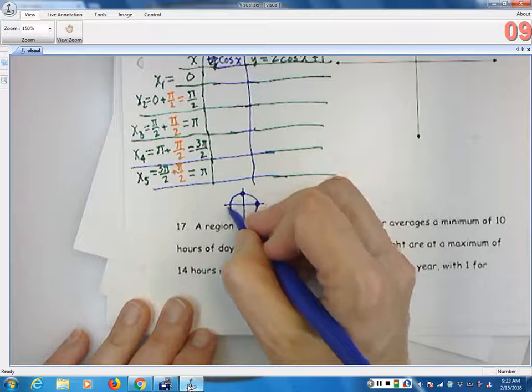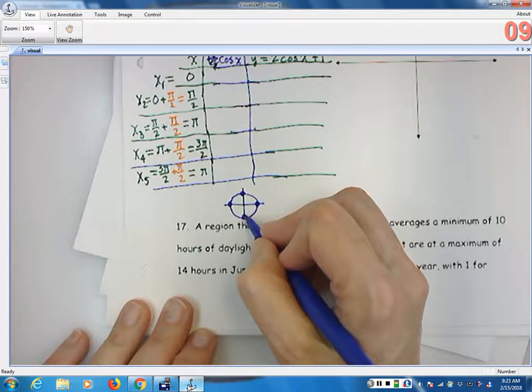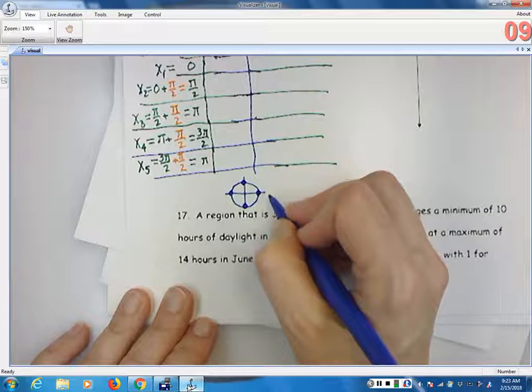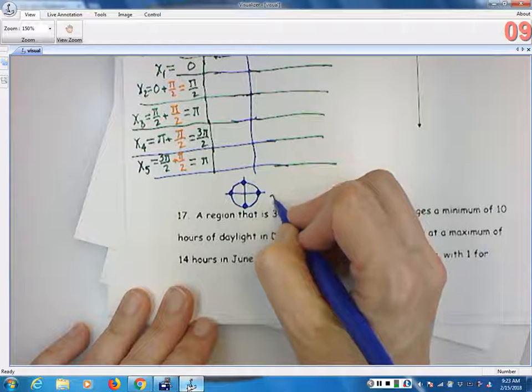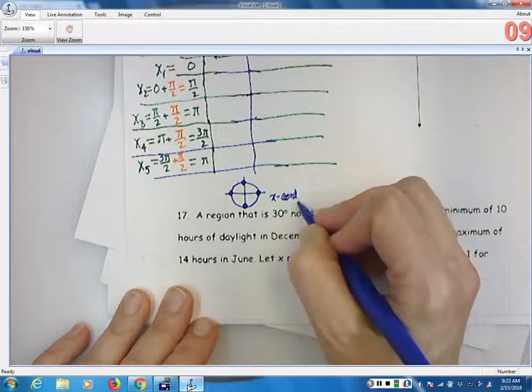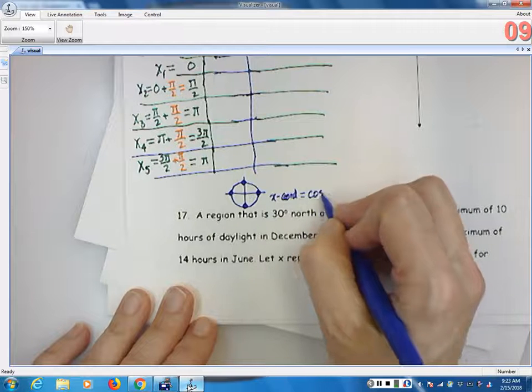Here, here, here, here, and then here again. And cosine, the x coordinate is cosine x.